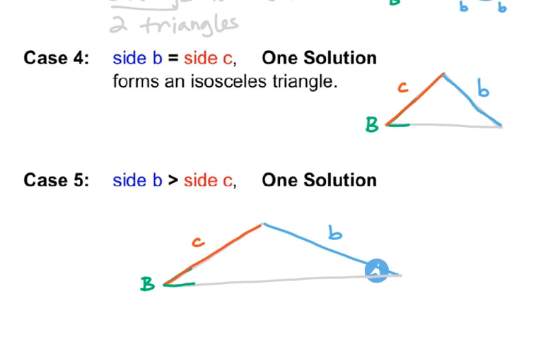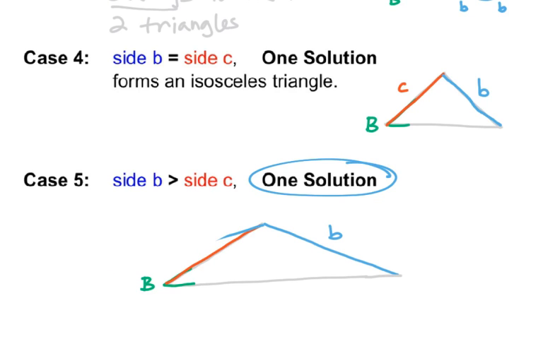So if I took this side of this length and I swung it around, because remember, we don't know this angle measure up here, it would actually come over here, and that does not create an alternate triangle. So in this situation, there's only one solution.